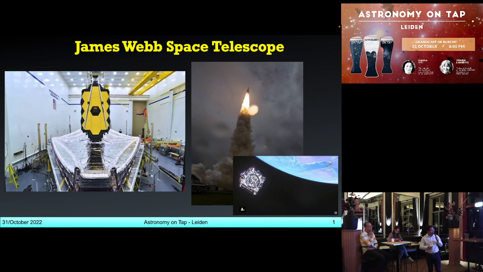We see that it's very big compared to the other space telescopes. It was launched into space on Christmas Day last year. Here we see the moment of the launch, and also this nice picture that I like quite a lot, of it leaving the spacecraft.